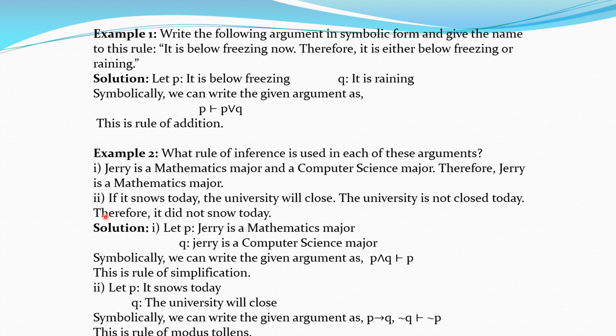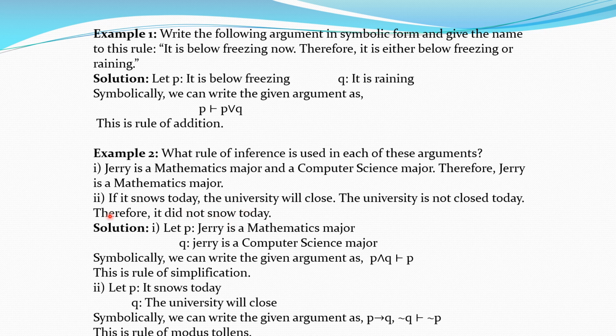Now, second one. If it snows today, the university will close. The university is not closed today, therefore, it did not snow today. First we assume the variables to represent the argument in symbolic form. Let P, it snows today. Q, the university will close.